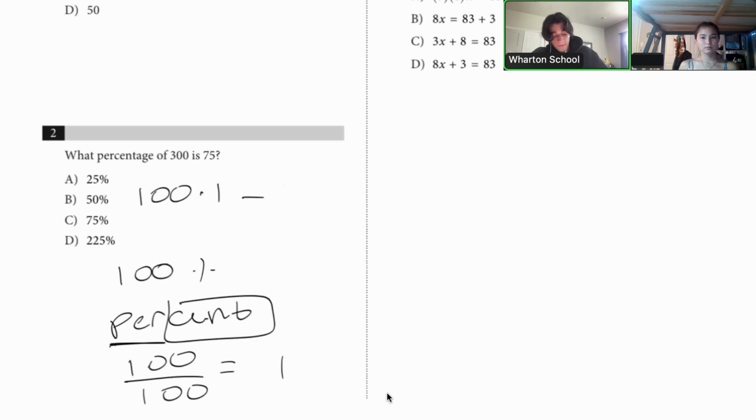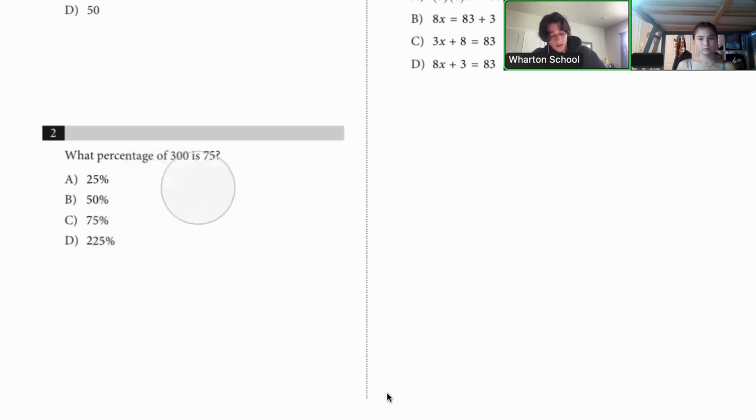Does that make sense? That's also why, let's say you got 20% correct, right? 20%, 20 over 100. What's 20 over 100 as a decimal? 0.2.